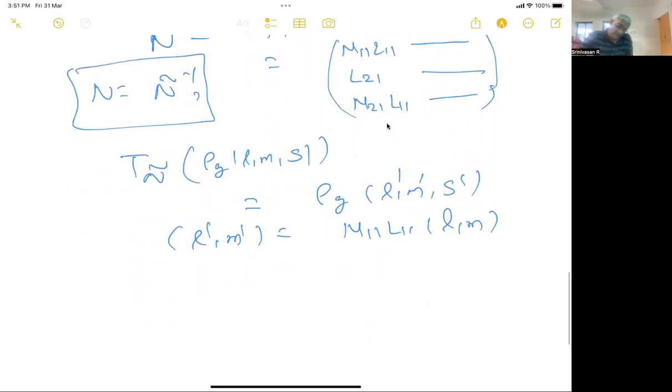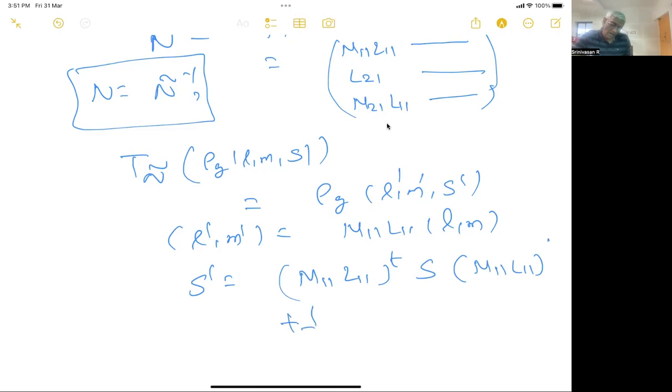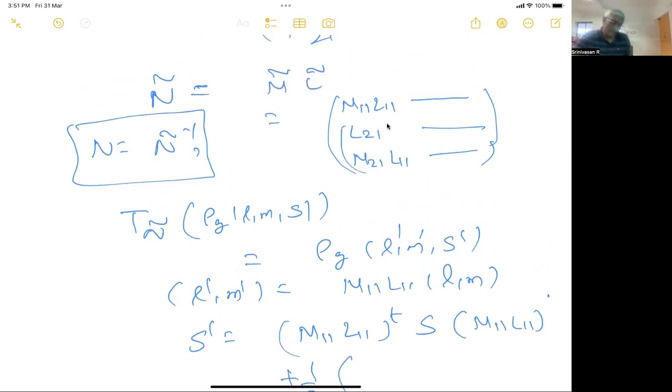On the other hand, S prime is going to be, you have to take this first row, M11, L11 transpose, S and M11, L11, plus half of whatever we have here. This thing transpose times this, right?